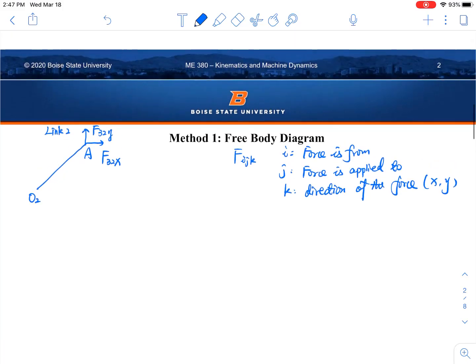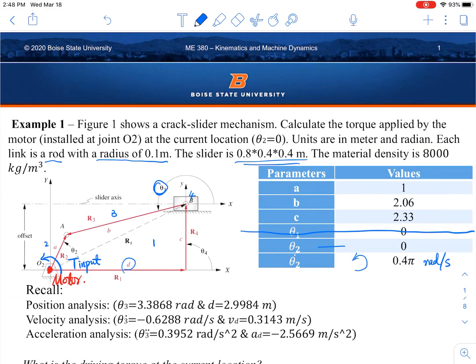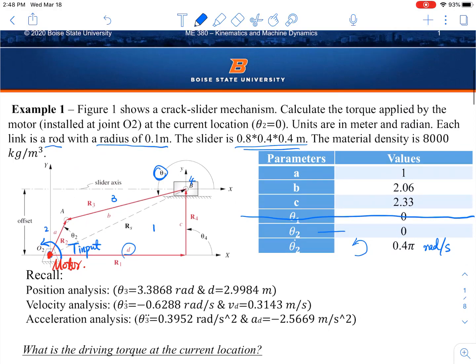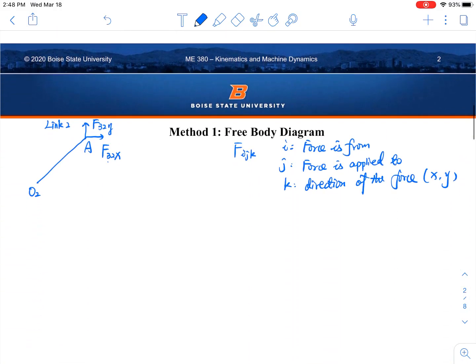For example, we have F32 here. That means your force is applied by link number 3 and is applied on link number 2. If you look at your joint A, that actually makes sense. This force is generated by this coupler link, which is number 3, and is applied on link number 2. That's why we have F32 X and Y. We also have 2 reaction forces at the joint O2.